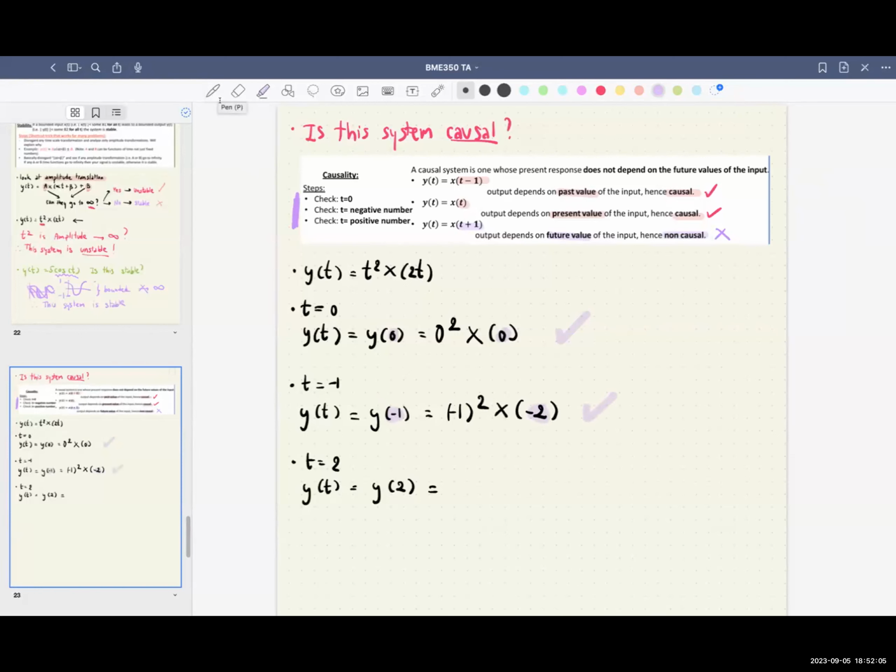However, now let's try when t is a positive number. Is it still going to be causal? It would not be causal. Yes, right. It's not going to be causal anymore. Because originally we have t equal to 2, right? But when we have t equal to 2, we're going to get x(4).